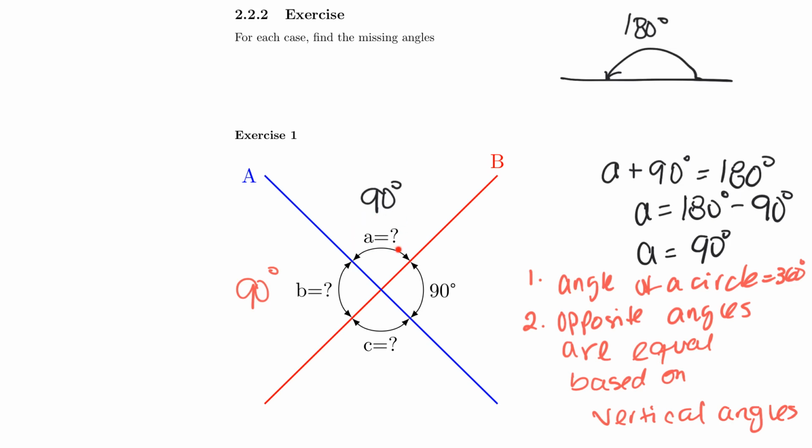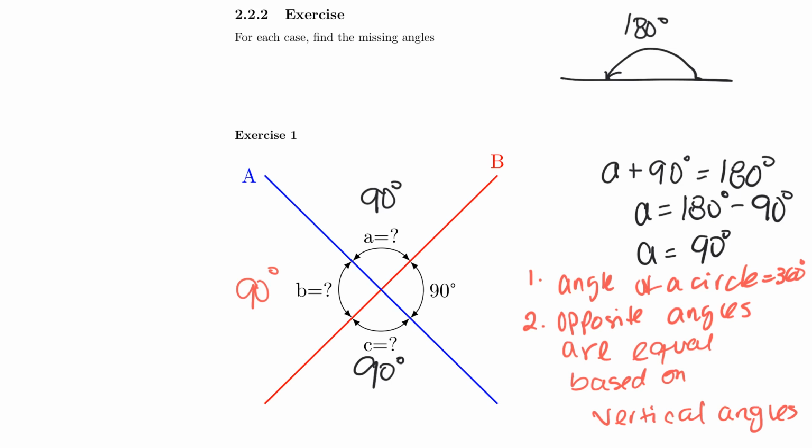So we already got angle A from the previous calculation pointed in here, and A is opposite to C. A is equal to 90, which means that C is equal to 90 degrees.